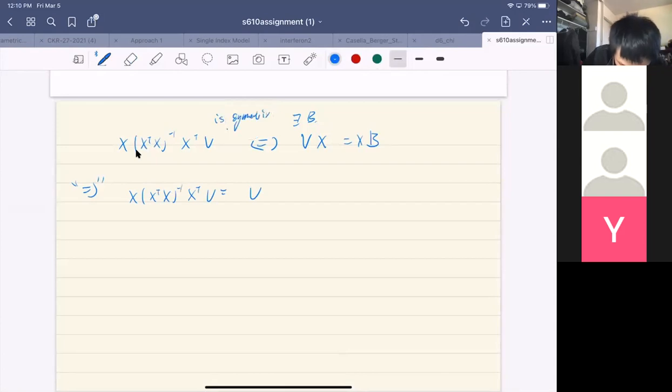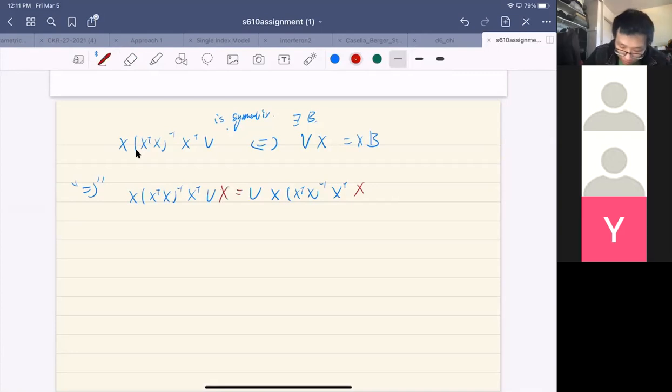So it should be equal to, we can multiply x in here on both sides.